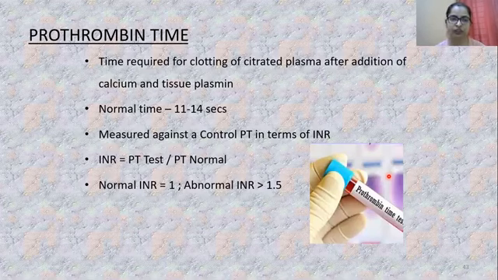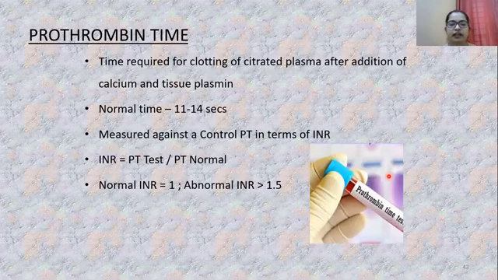Prothrombin time is the time required for clotting of citrated plasma after addition of calcium and tissue thromboplastin. Normally, it is 11 to 14 seconds. And nowadays, it is mainly taken as a ratio in terms of INR, that is the international normalized ratio, which is a ratio of the patient's prothrombin time to the normal prothrombin value.